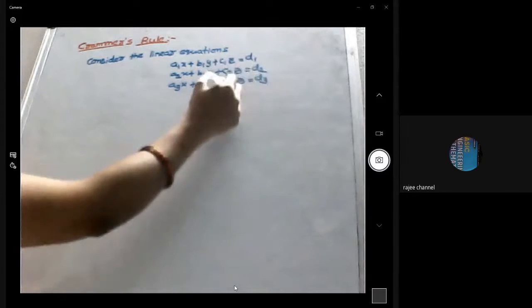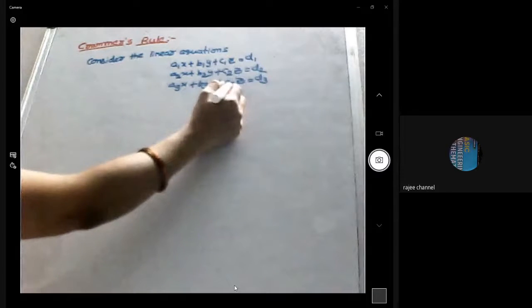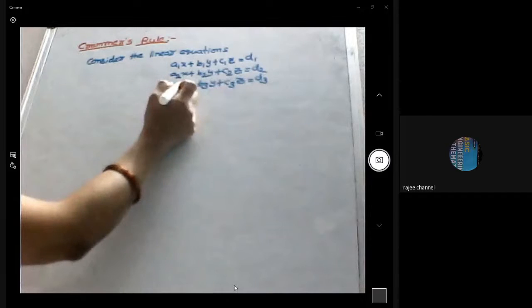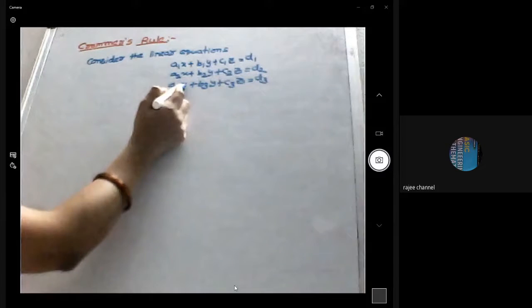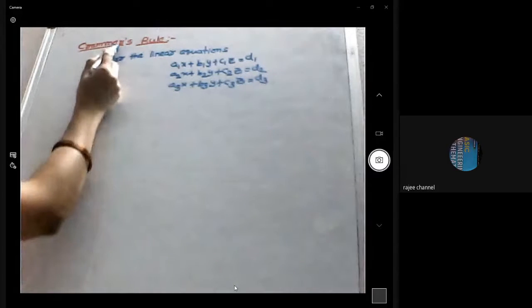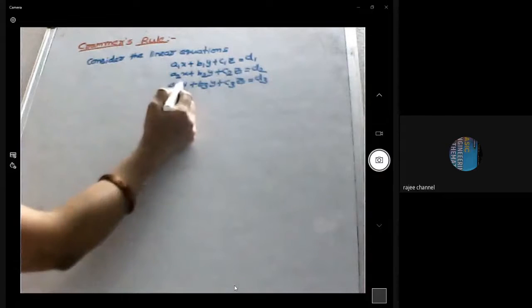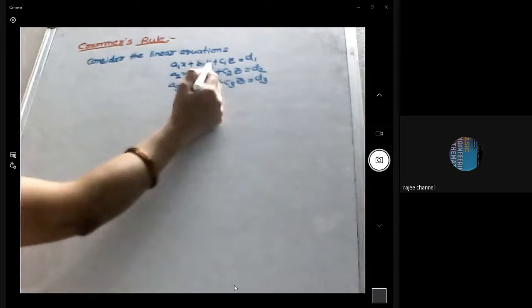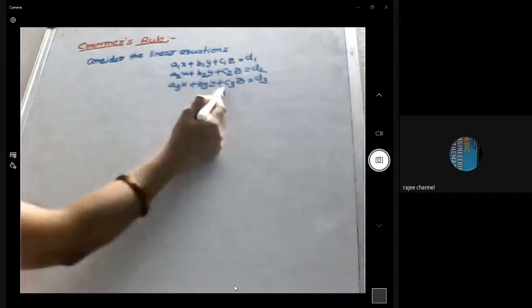So these are the linear equations. Now we find the solution of these linear equations by using Cramer's rule. Here we find small x, small y, small z values by Cramer's rule.